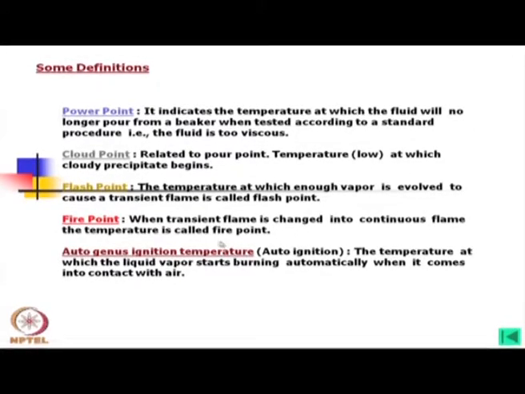After the fire point, the vapor will still keep coming, and when it contacts the air, it will automatically catch fire. This may happen where temperatures are very high. So, we have to cool the oil we are using, and make sure it does not reach the auto ignition point.